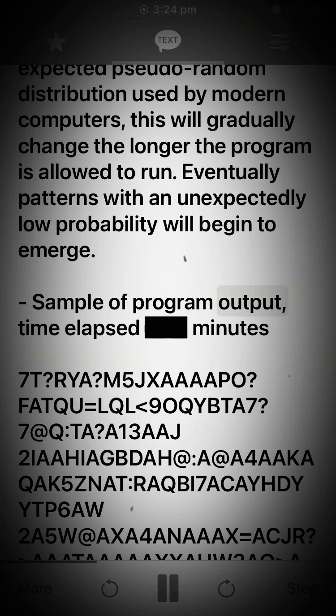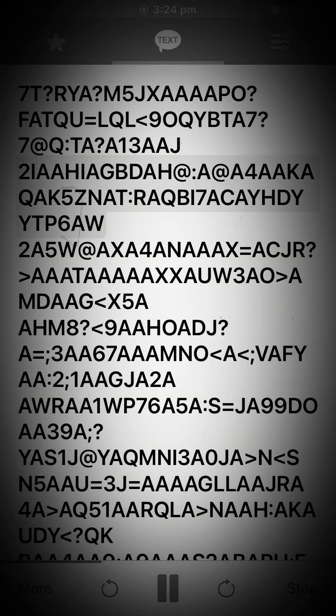Sample of program output. Time elapsed minutes. 70. Ra. M5 Jxapo. FATQ equals LQL. 9 at Kib to 7. 7 at Q. Ta. A 13 AAJ. 2 Ahiagdat. A at a 4 Arkakak 5 Znat. Rak B7 a Kadiat 6 or. 2 a 5 W at AXA 4 Anarchs equals AKJA.